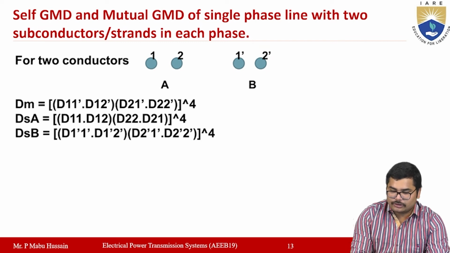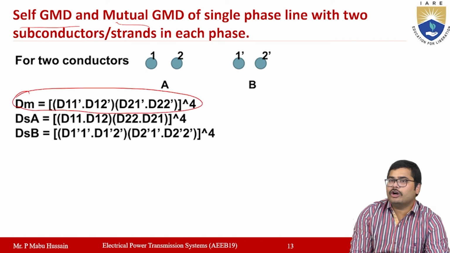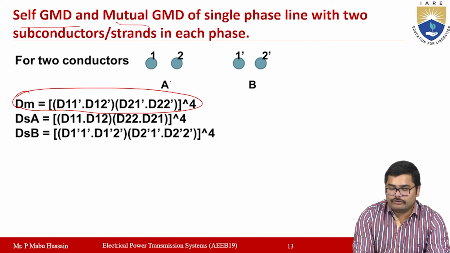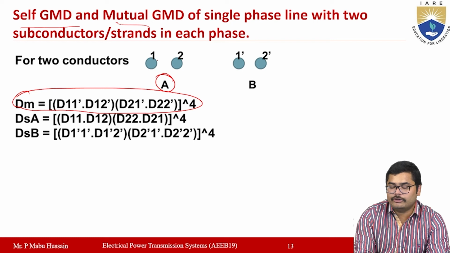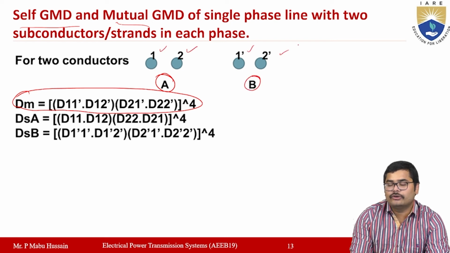To write the mutual GMD, you have to take all the mutual distances. Conductor A has subconductors 1 and 2, and conductor B has subconductors 1 dash and 2 dash.